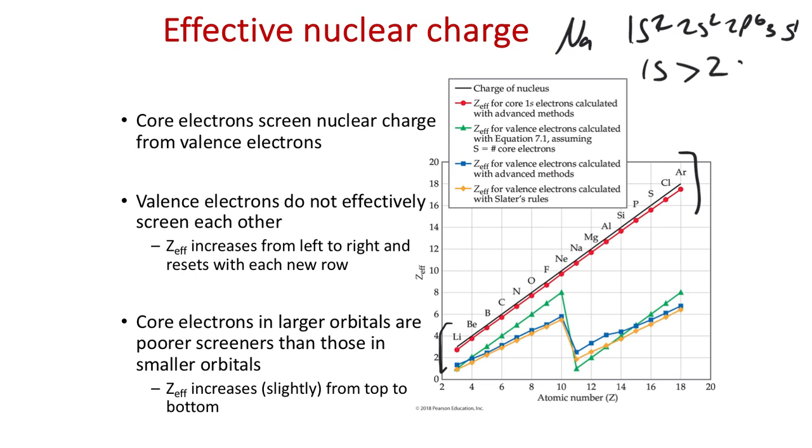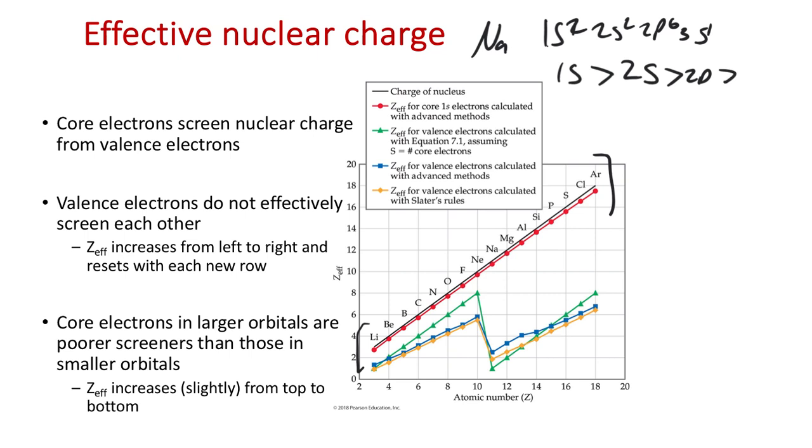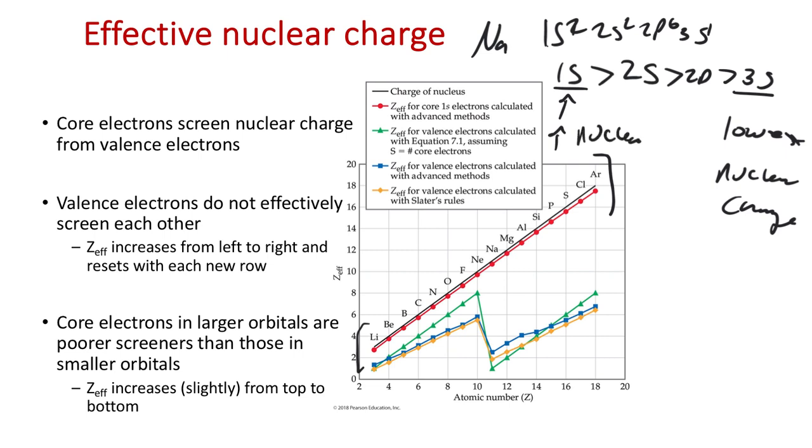Presumably the 2s would come next, then the 2p subshell, followed by the 3s, meaning the 3s subshell experiences the lowest nuclear charge, and the 1s experiences the highest.